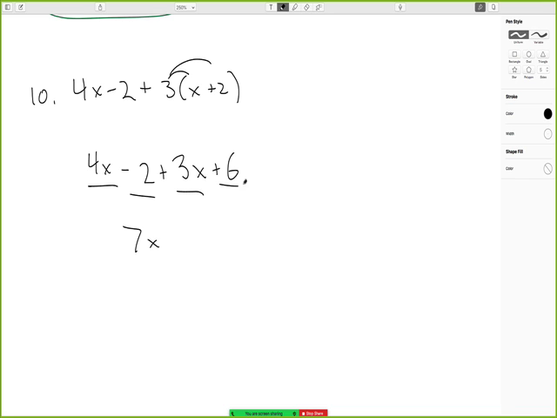And negative 2 and 6 are whole numbers, combine those. 6 is the bigger guy, and if you need to, just kind of mentally envision it, you can solve these as separate problems, then combine them. So that should be your answer.